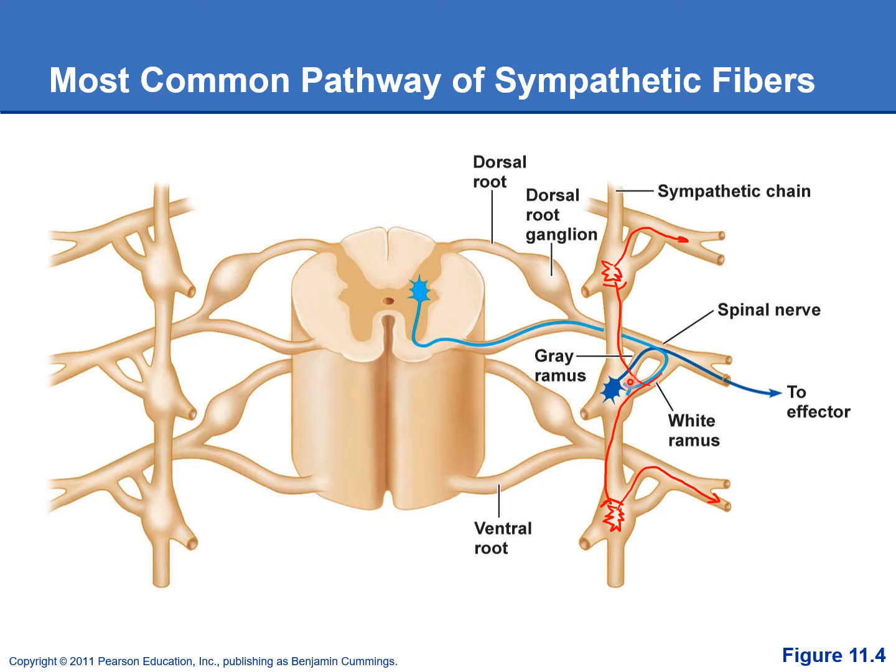So we can actually have some divergence going on, and we can spread the signal out, and that way we can actually have our signal going out to several different postganglionic neurons, and then they can synapse with different target organs. So that'll spread the sympathetic signal out to different target organs.